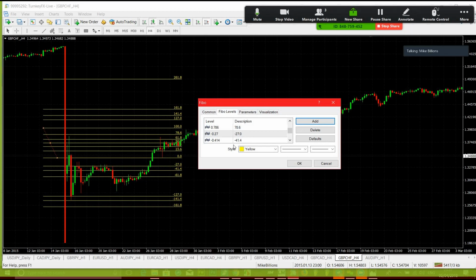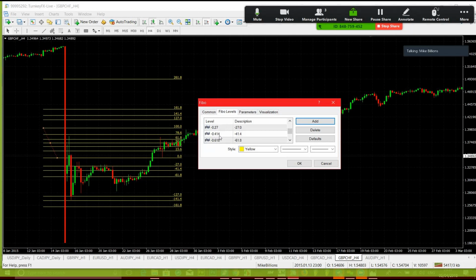I always look at that level for my first TP, and I try to see if it coincides with a structure as well. So minus 27 is the key level, short-term profit level, if you will. So you want to put that into consideration as well.